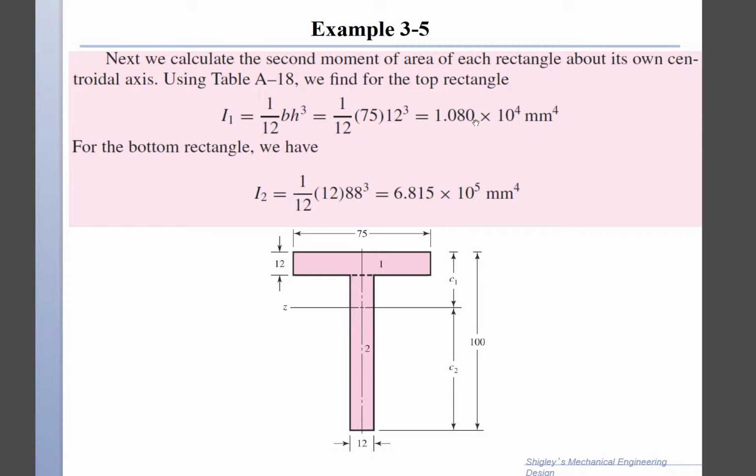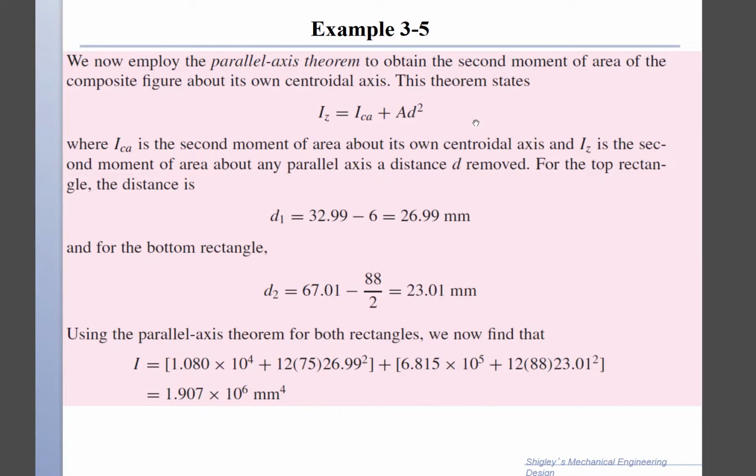And then we use the parallel axis theorem: I about an axis Z is I about its own centroidal axis plus the area times the distance squared between the centroidal axis of the area and the common axis.